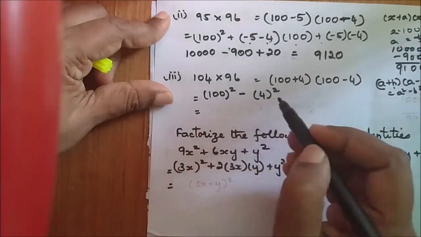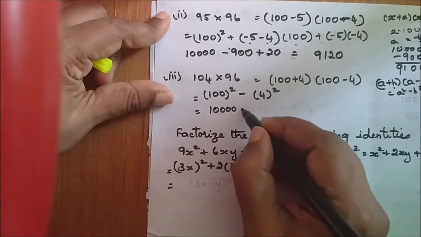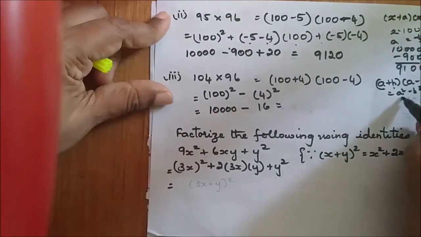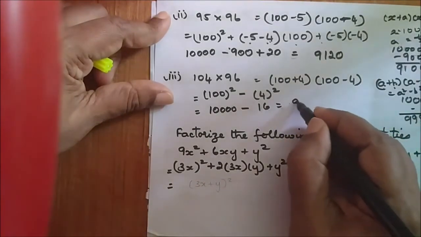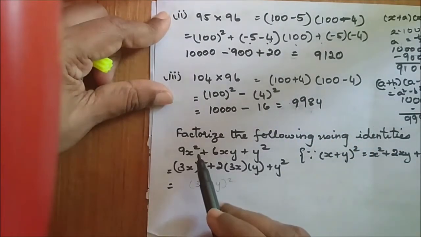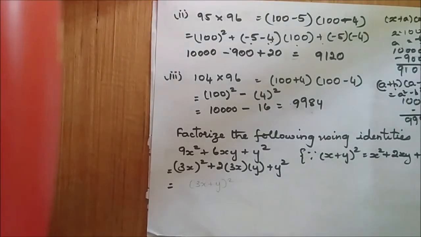So it is 100 squared minus 4 squared, or in other words it is minus 16. Now let us subtract it. 10,000 minus 16 is nothing but 9984. Okay.